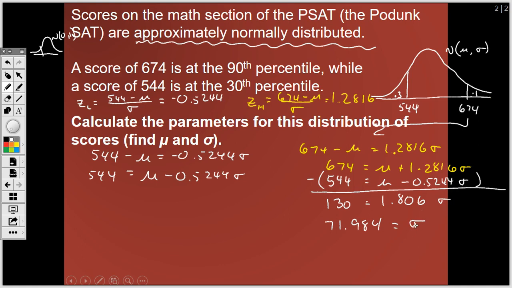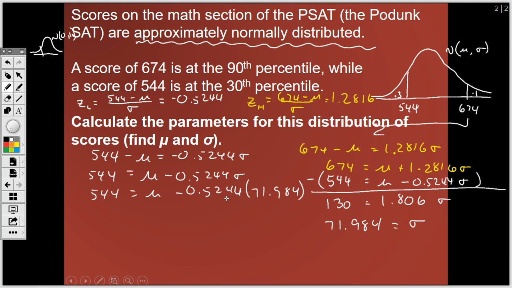Okay. So then I go and write that down. 71.984. So now I'm going to plug that back in right here. So I have 544 equals mu minus 0.5244 times 71.984.